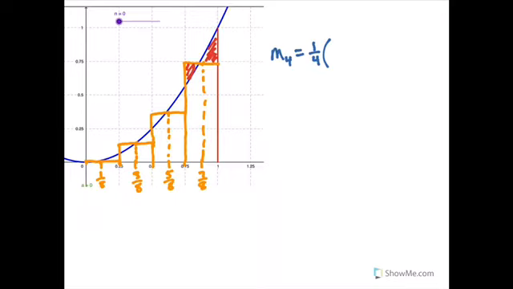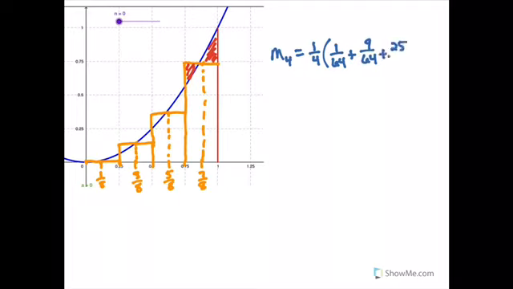So I've got the base of 1/4 out front, and then my heights: when I square 1/8, I get 1/64. When I square 3/8, I get 9/64. When I square 5/8, I get 25/64. And when I square 7/8, I'll get 49/64.